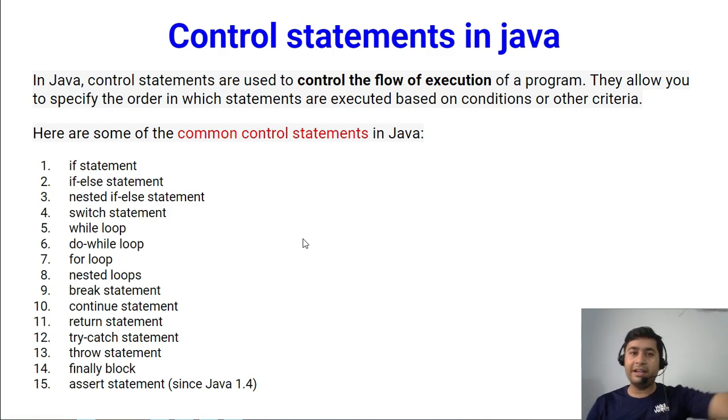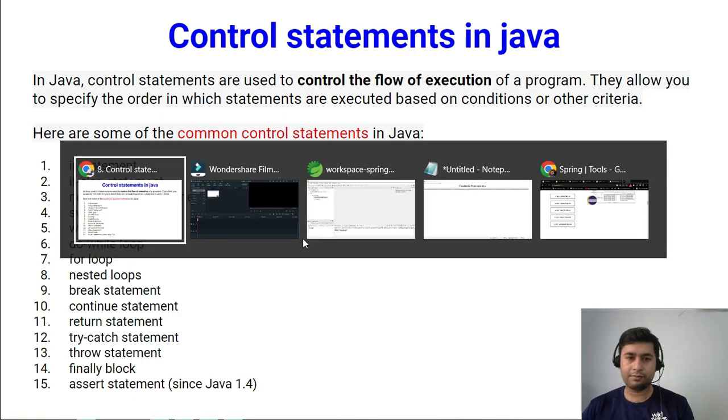So we have different ways to go. Basically we are skipping some areas and then going to the particular destination. That is called flow and control of execution. Control statements allow you to specify the order in which statements are executed based on a condition or other criteria. So let's discuss it.